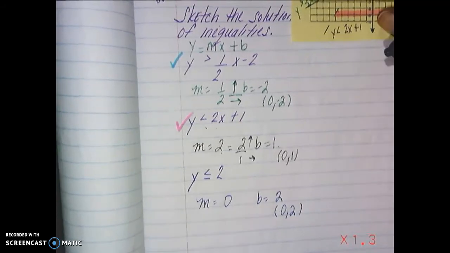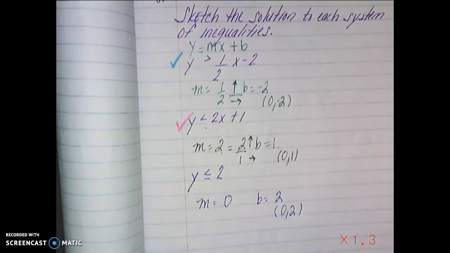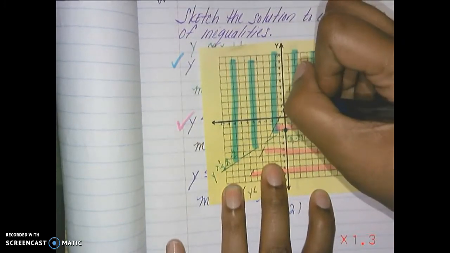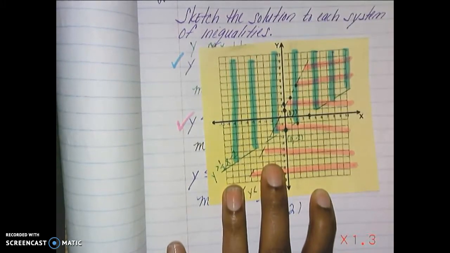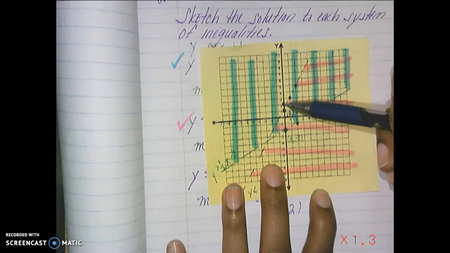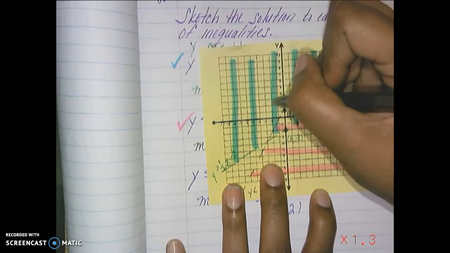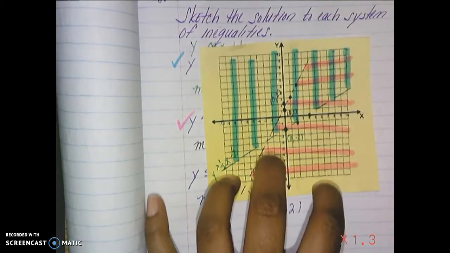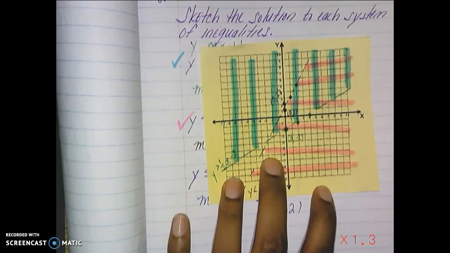It's going to be a flat line. Okay? So what that's going to look like is on my graph paper. No matter what, I'm going to start at 0, 2. So I just made a point here, that is the location of 0, 2. Now, it doesn't really matter what the x values are.